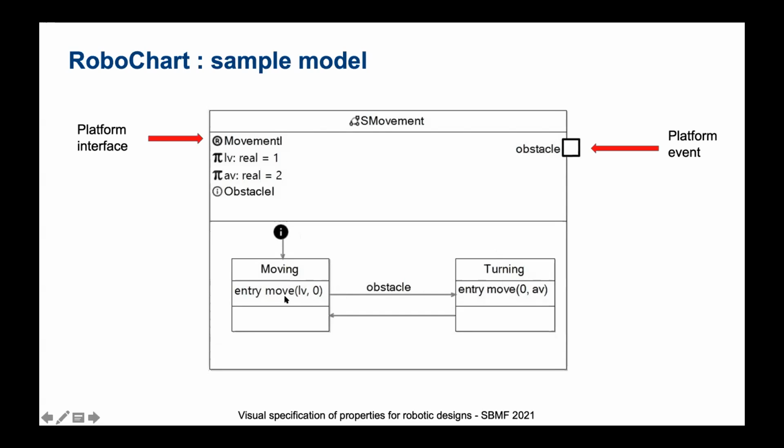So the move is called with linear velocity different from 0 and 0 for angular velocity. When an obstacle is detected, it changes the state to turning, and entering the state, it moves with linear velocity 0 and angular velocity different from 0. So the robot changes direction and continues walking until the next obstacle.